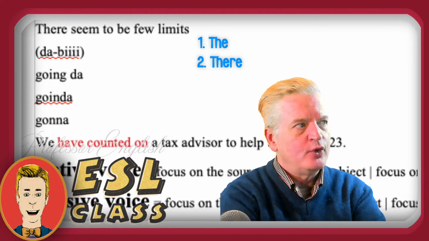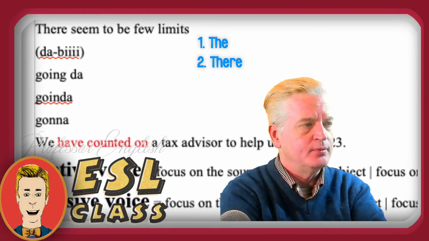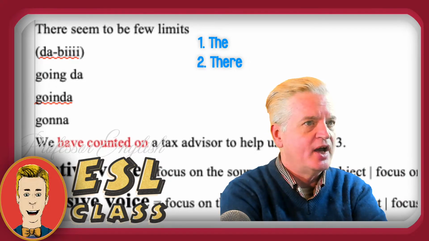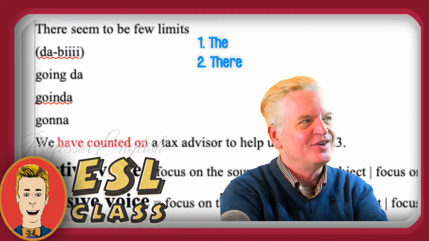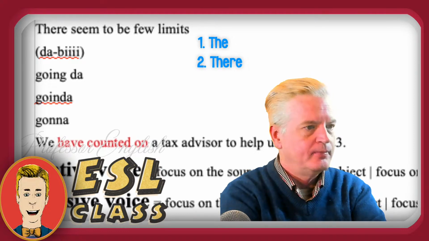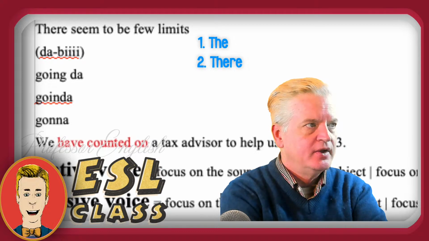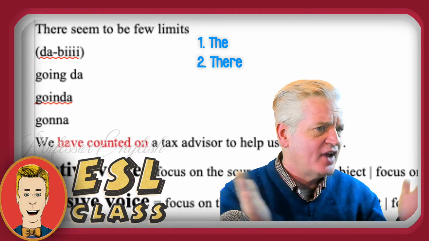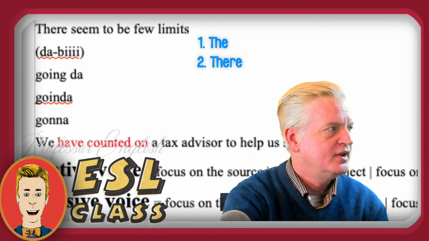Now, that's important because if you go to the UK or to Australia in certain parts, most parts, they probably will not pronounce the R. So number 2 will just be there. See, that's the difference between number 1, da, and number 2, there. So this length of vowel sound and the complexity of the vowel sound is very important in English.